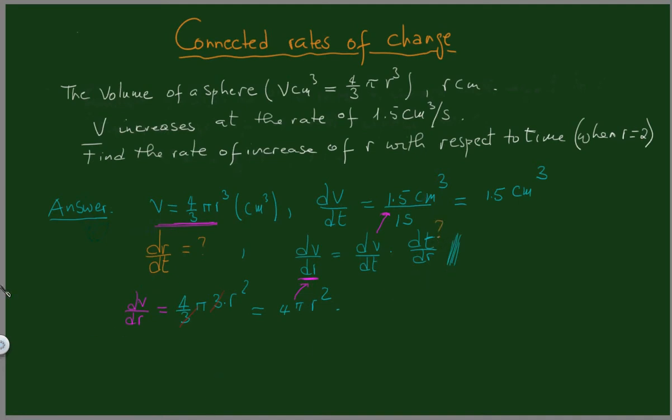So we can say that this means that 4 pi r to the 2 equals 1.5 times dt by dr.